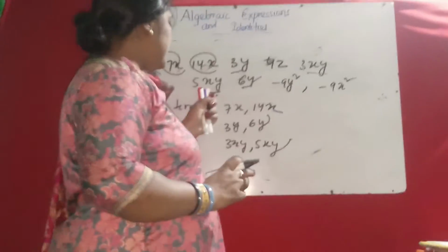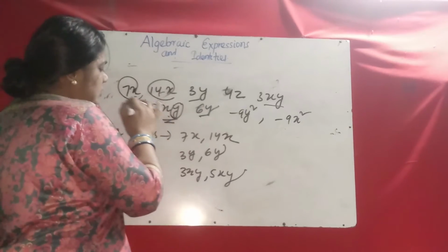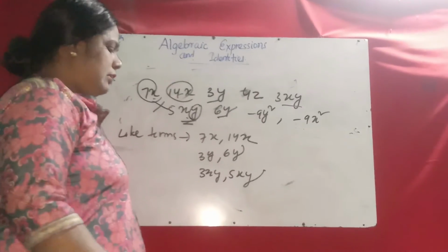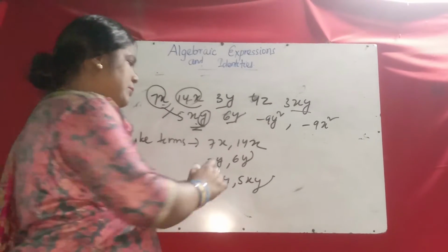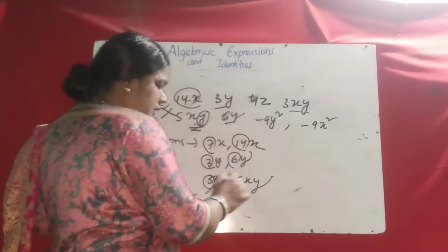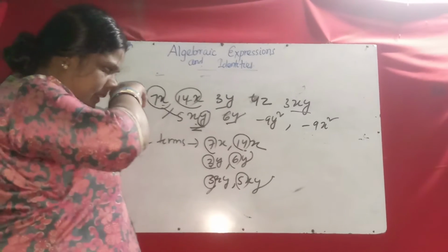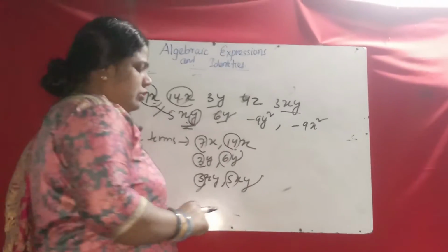Here x, but here xy, and here another y is there. So this will not be like terms. Whatever the coefficient may be, if the variables are same, they are called like terms. The numbers changing does not matter.